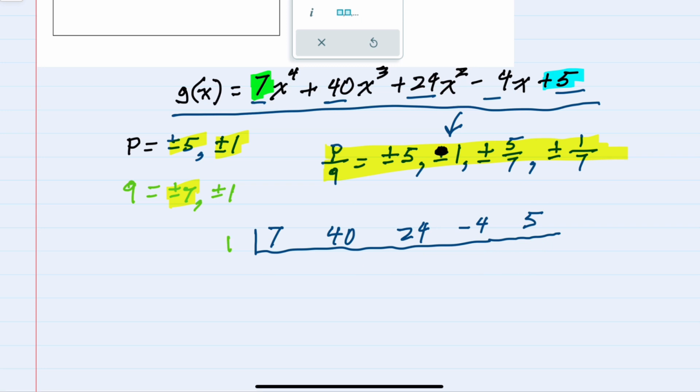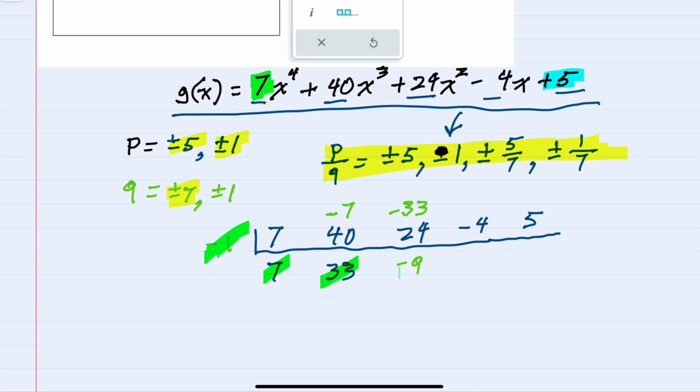We should try again with negative 1. Again, bringing down the 7. Negative 1 times 7 is negative 7. Adding negative 7 and 40 is a positive 33. Negative 1 times 33 is negative 33. Adding here again gives us a negative 9.